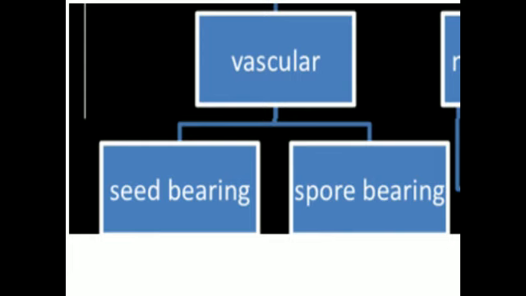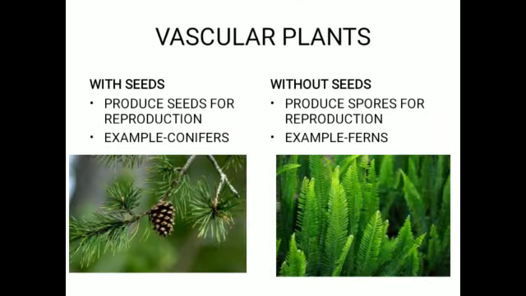Vascular plants, the plants having tubular systems, are further classified as seed-bearing plants and spore-bearing plants, on the basis of production of seeds or no seeds. Vascular plants which produce seeds for reproduction, for example, conifers.